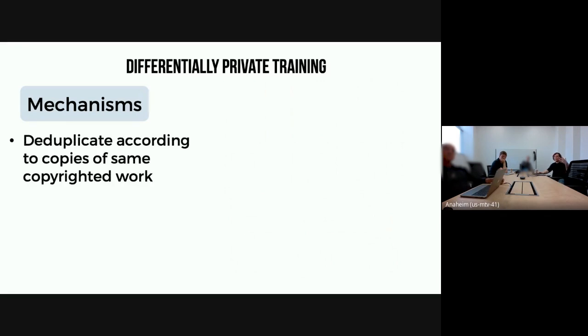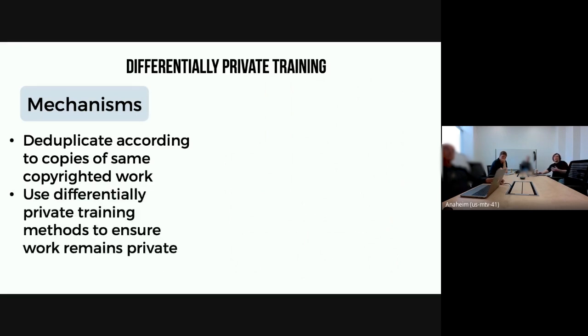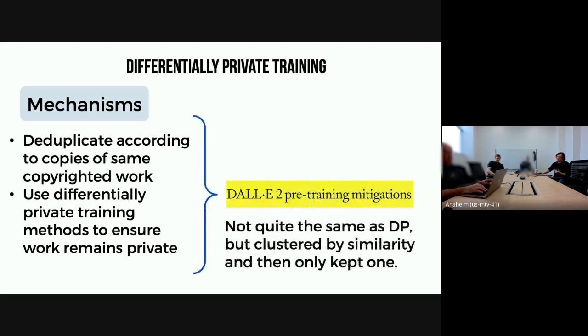Similarly, you could think of a differentially private training approach where you deduplicate according to some copies of the same copyrighted work, and you use DP techniques to ensure that that work remains private, so you can't generate it verbatim. This is not the DP portion, but the deduplication portion is similar to what DALL-E 2 does for pre-training mitigations to some extent.